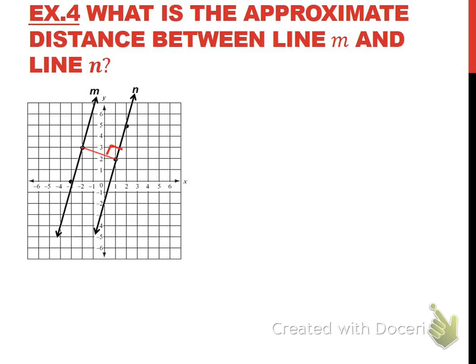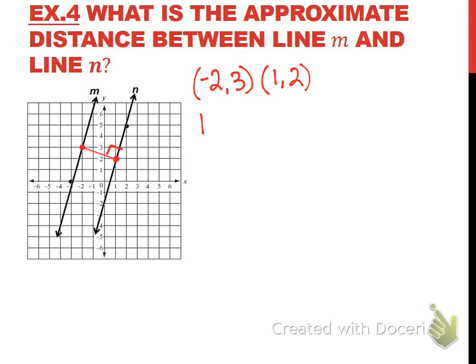So I like the right angle that forms here. I need to know the coordinates of those two points so that I can find distance. So my left point, what are the coordinates of it? -2, 3, and my other point? 1, 2. Are we all okay with the coordinates there?